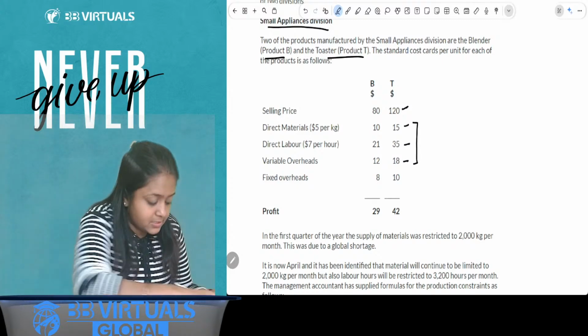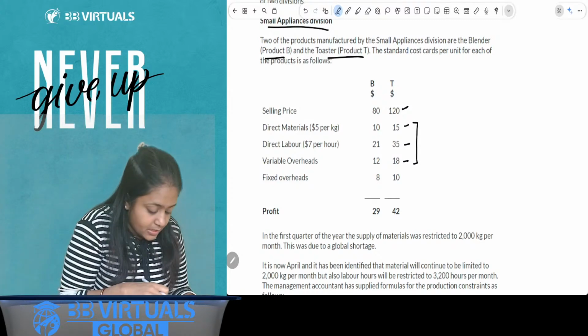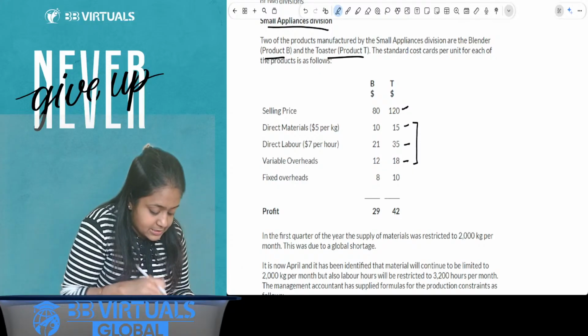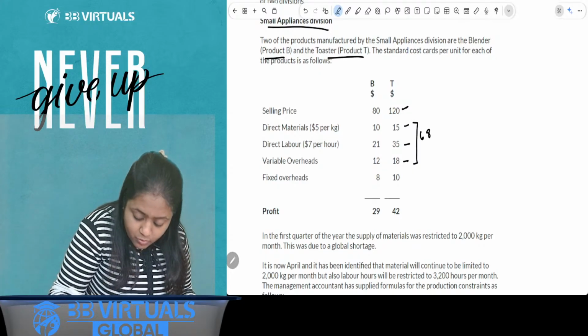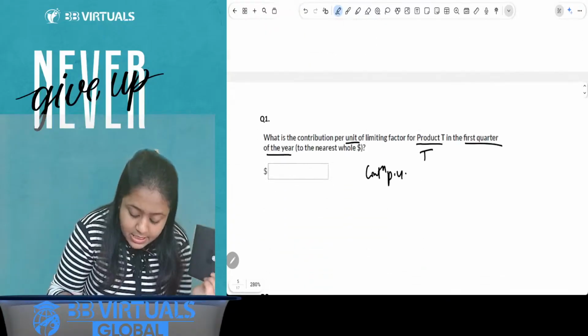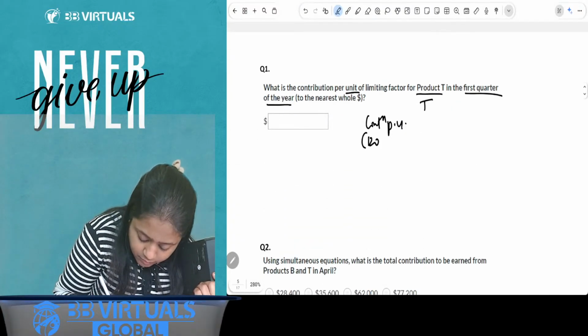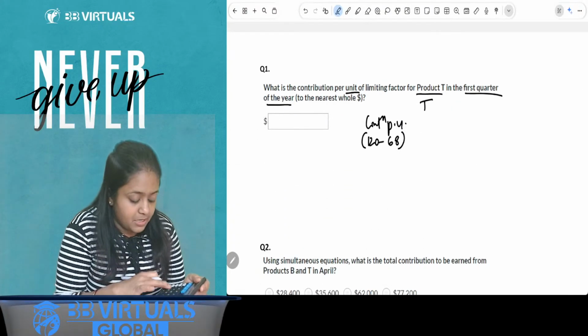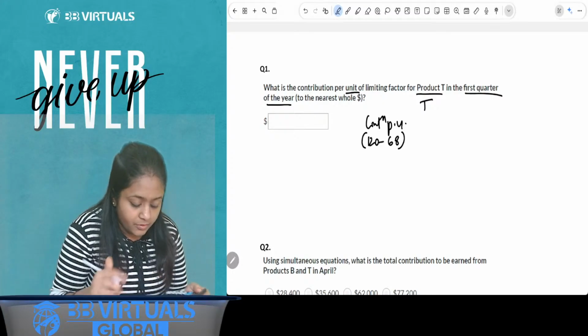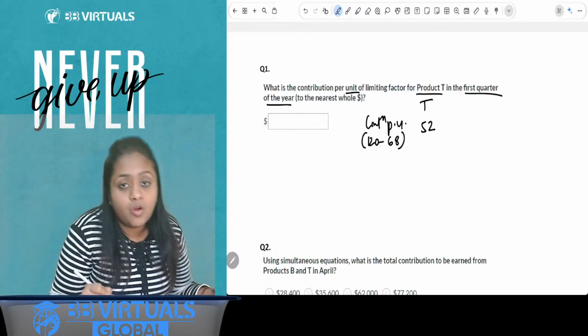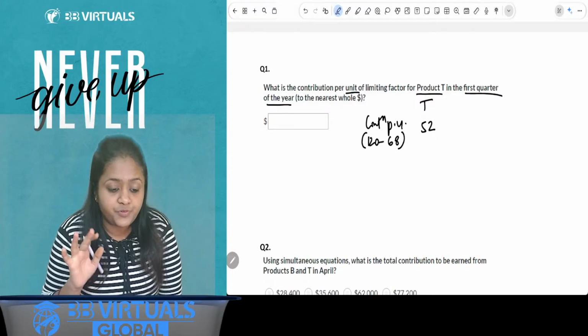This total is 15 plus 35 plus 18, 68. So when you reduce 120 minus 68, you will get your contribution, which will be equal to 52. Okay, your contribution per unit is 52.